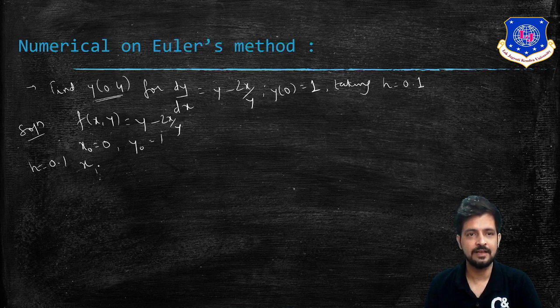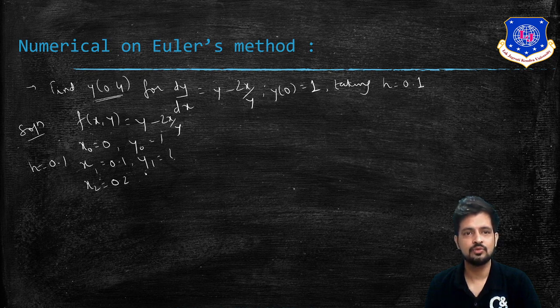So what is our x1? x1 will be 0.1, so we have to find y1. x2 will be 0.2, so we have to find y2 also. x3 is equal to 0.3, so we have to find y3, and x4 is equal to 0.4, so my y4 also I have to find.